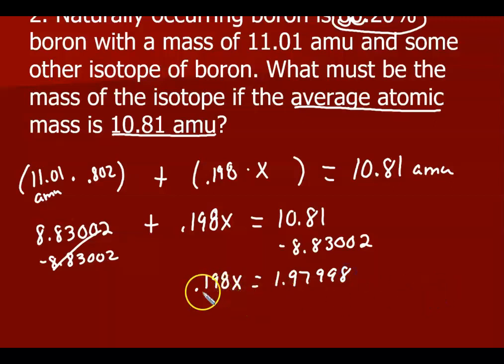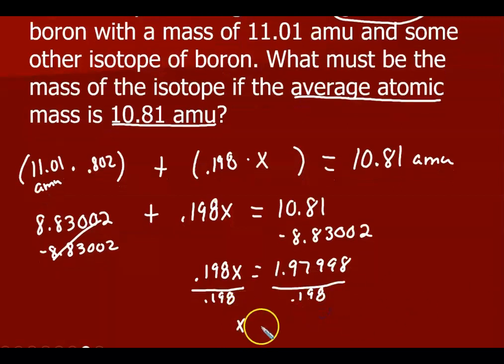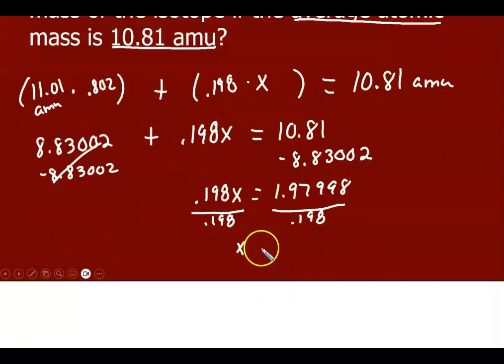This is being multiplied by x because that's what was happening inside that parenthesis. So I need to divide both sides by 0.198. And you're going to get x. Let me move my paper up a little. There we go. So I'm going to get x to be, and it comes out a lot of decimals, 9 point, oh, I don't know what happened to that 9.